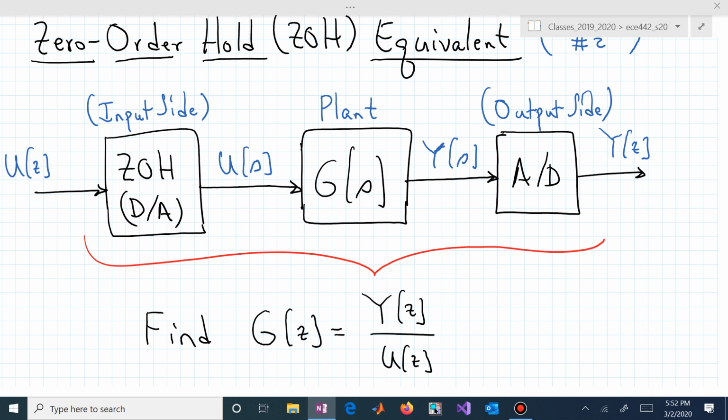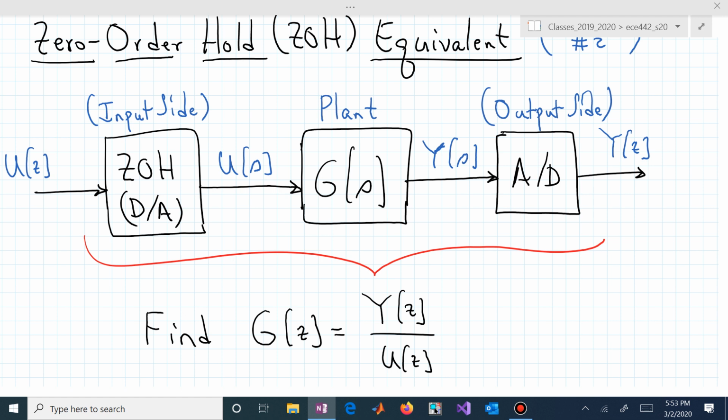We have an analog plant. We have, on the input side, a digital to analog conversion going on. At the output side, we have an analog to digital conversion going on. We want to package all of those properties into this discrete equivalent, which we are calling capital G of Z. And the way that we're going to do that is we're going to break it down into different pieces.